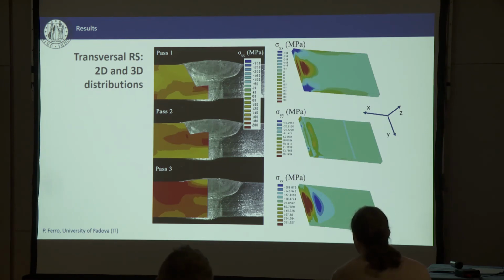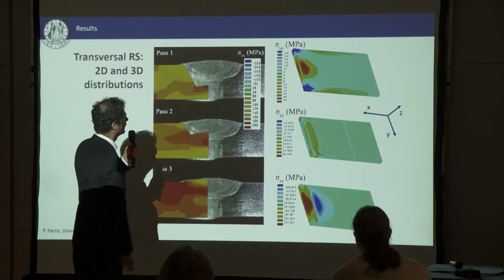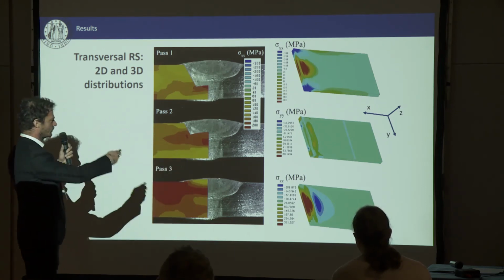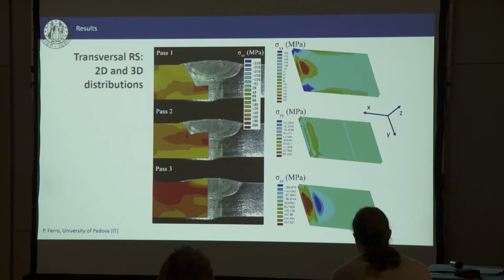So the greater the number of passes, the greater the residual stress that we calculated. On the right side, you can observe the three components of the stress, the transversal, longitudinal, and perpendicular residual stresses after welding.